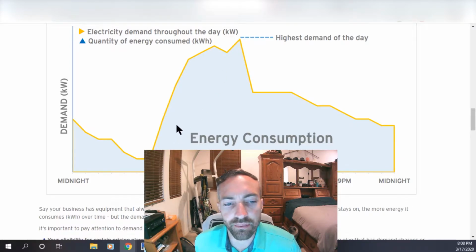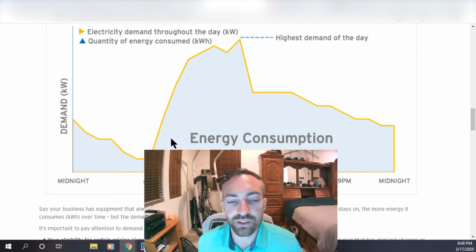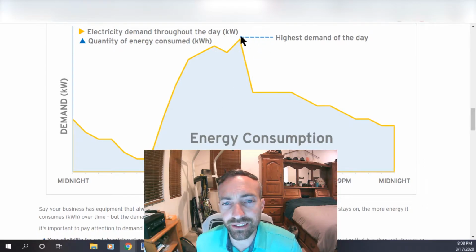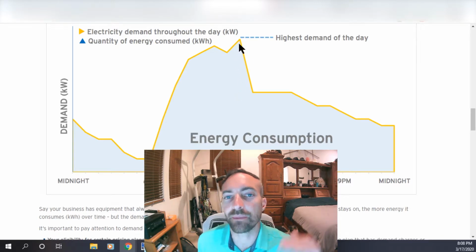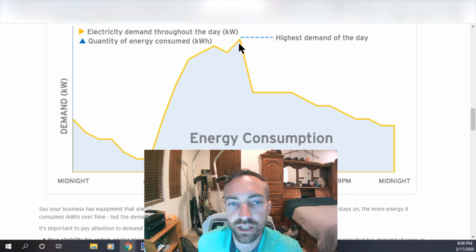So your total energy, all the kilowatt hours that you used powering your refrigerators, lighting, all this stuff, you have one charge for that. And then your peak kilowatt demand charge is when everything is on at the same time. What level did it get up to? That 15-minute interval is that charge. So those two charges combined, specifically commercially, give you your crazy high bill.